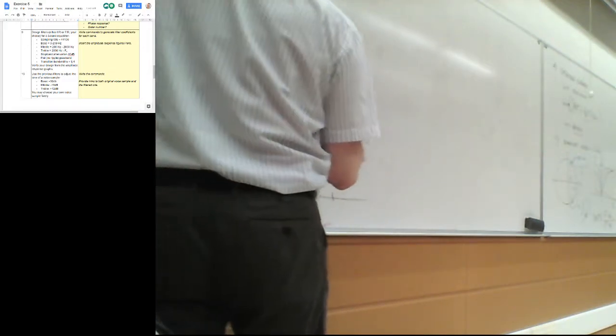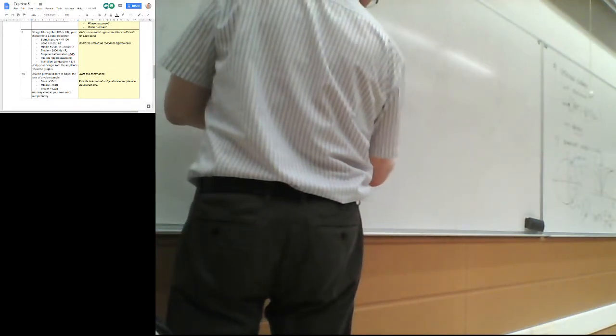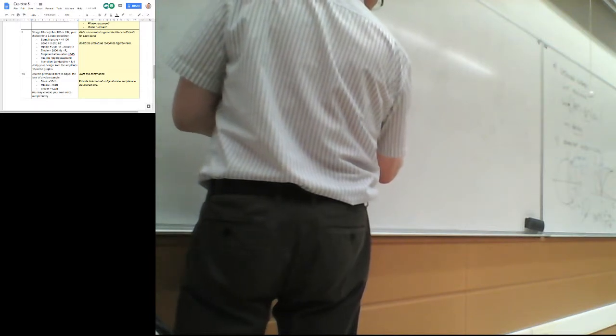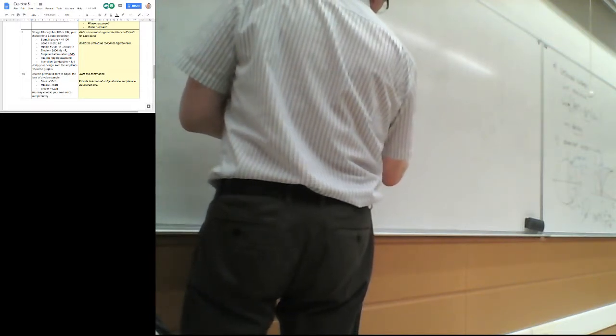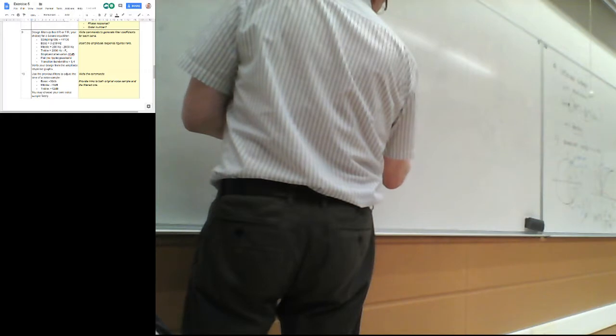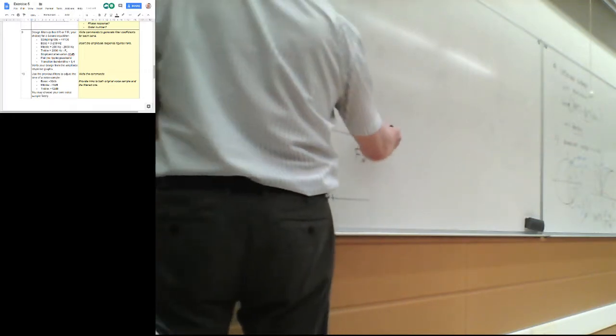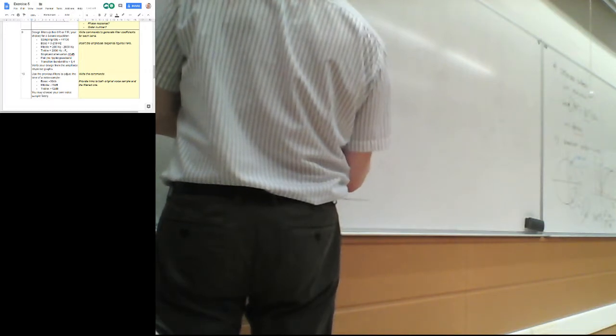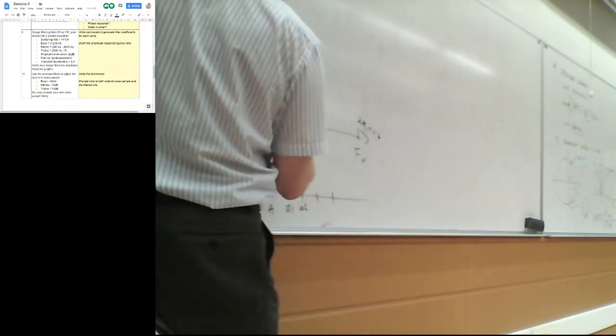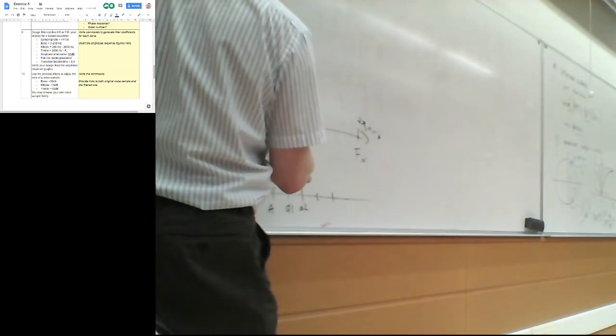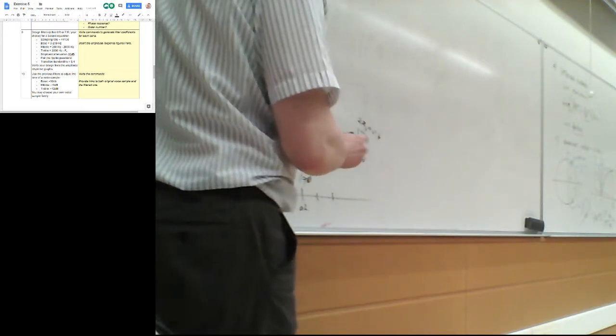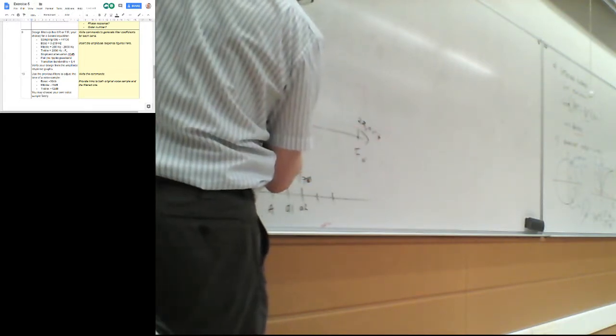Meaning that, let's put it in perspective. If this is 22.05 kilohertz here, then this is 10 K, this is 5, 2 kilohertz is here, 200 hertz is here.